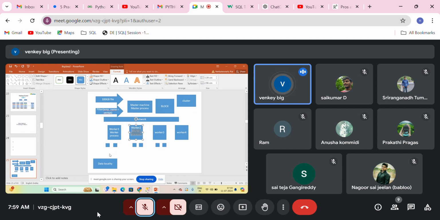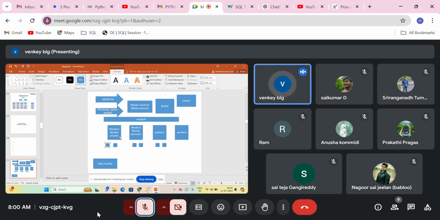Your logic will be sent to your data. In traditional data warehouse systems, your data and logic stay in the same server, and your data will be transferred. But here, your logic is moving towards your data.